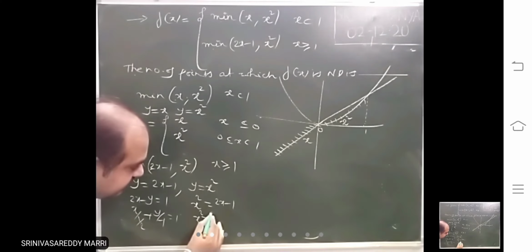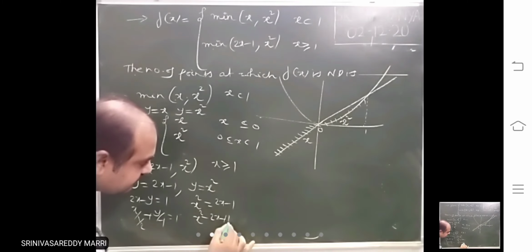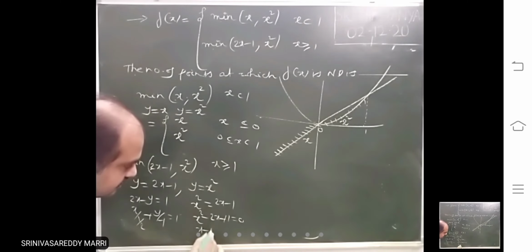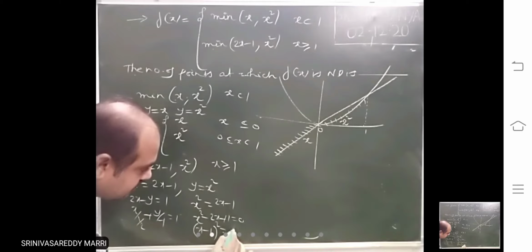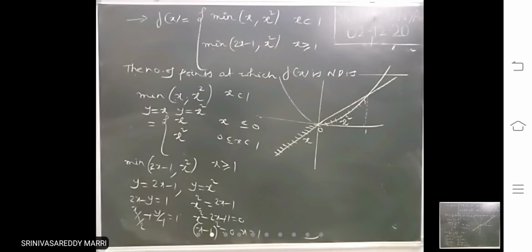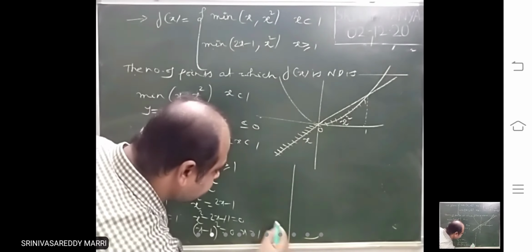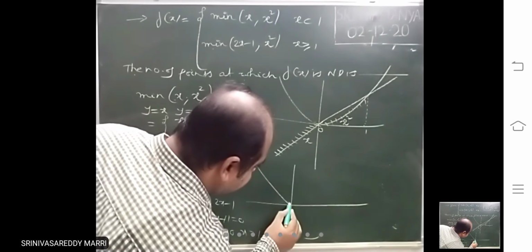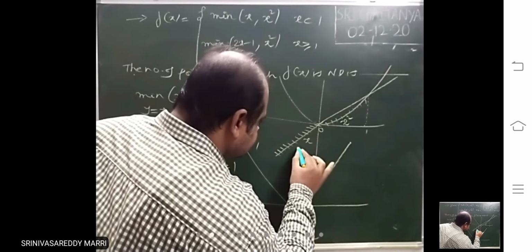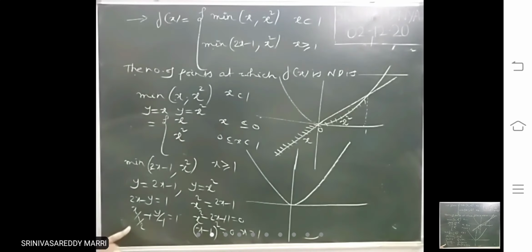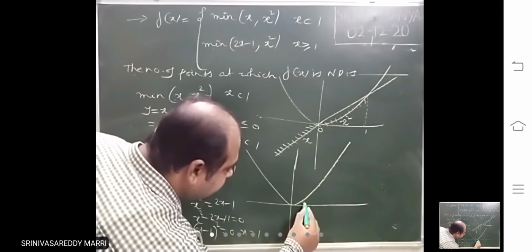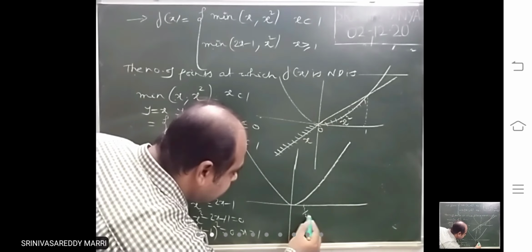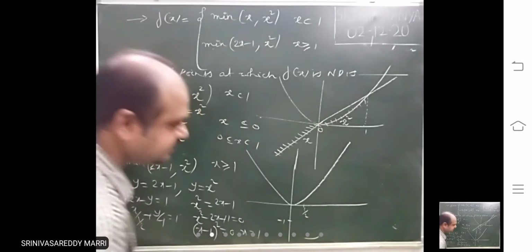X square minus 2x. So both will intersect at x equal to 1. Look, I am drawing the graph. The parabola y equal to x square I am drawing first. Then the line: x by 1 by 2 plus y by minus 1, with 1 by 2 here and minus 1 here.